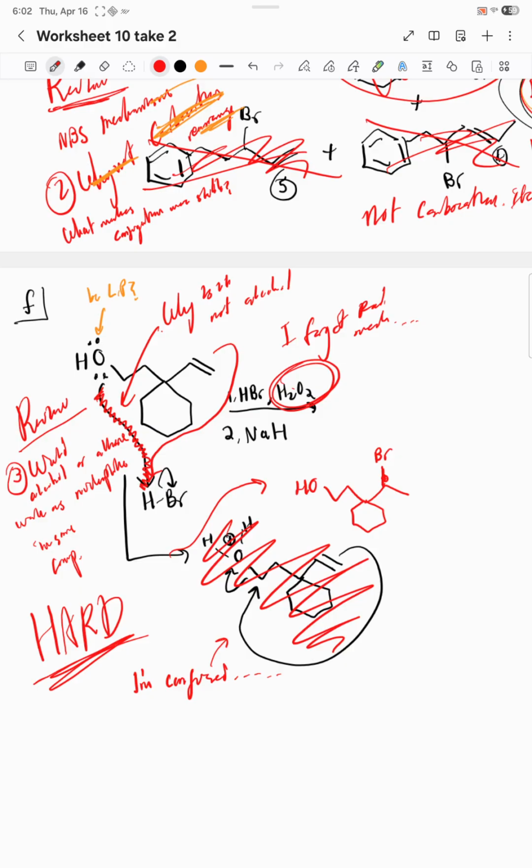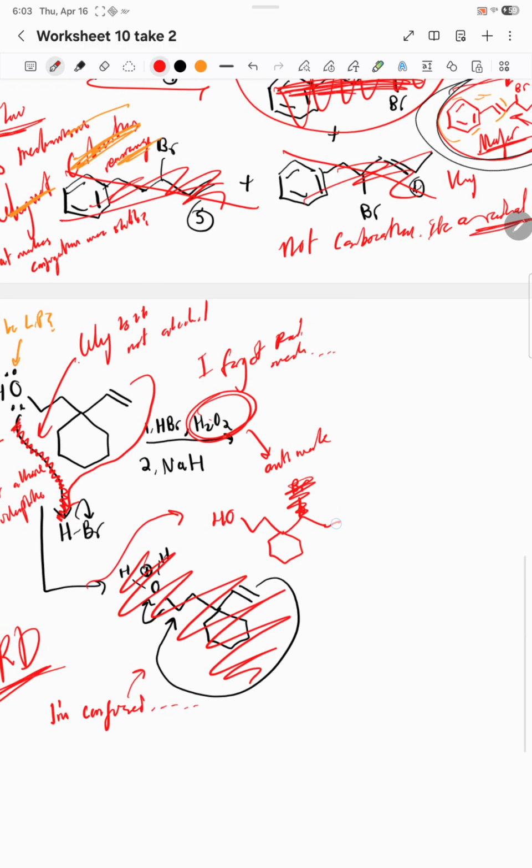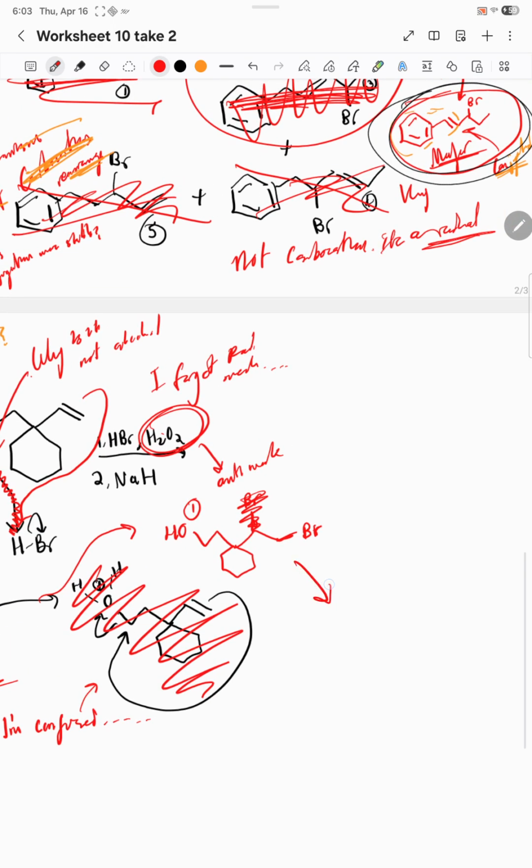Maybe that's a good option. Okay, I'm going to look at the answer key right now. It seems to be the case. No. Because of peroxide, this will be anti-Markovnikov. I should have caught this much earlier. My silly mistake. So this is our so-called intermediate step 1. Now what happens from here?